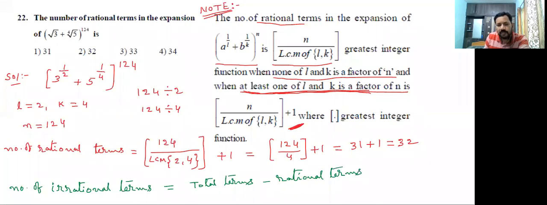Then you will get the number of irrational terms. The total number of terms, the power is 124, so add 1, 125. 125 minus 32, how much, students? 125 minus 32, I think 83, or not? Sorry, 93. These are the number of irrational terms. But in the question, they are asking only for the number of rational terms. How many did we get? 32. The second option is correct.